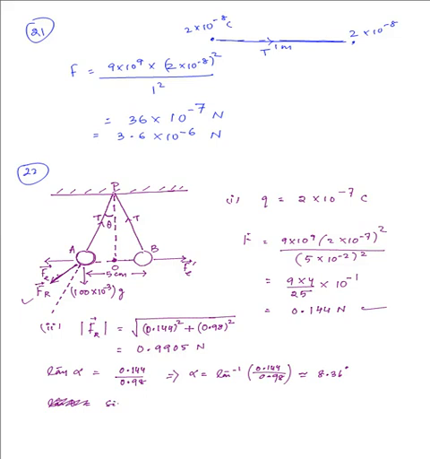Instead of tan theta, probably I'll have a better one, that is sine theta, because this front distance OA over PA is the sine theta for us, and that is equal to 2.5 over 50, because the length of the string has been provided as 50 centimeters. So now this is 1 over 20, and so theta, the sine inverse of 1 over 20, is 0.05, and that comes out to be nearly equal to 2 degrees.